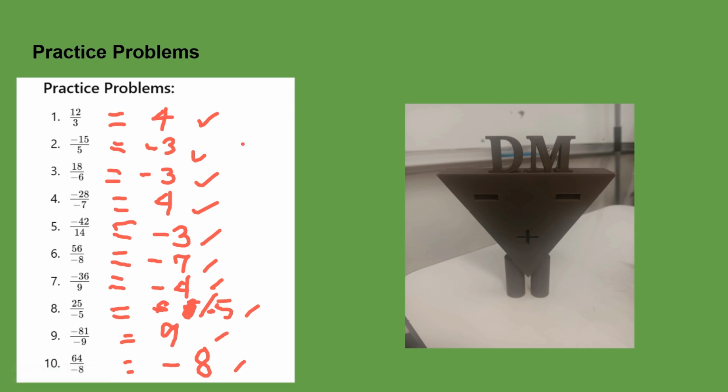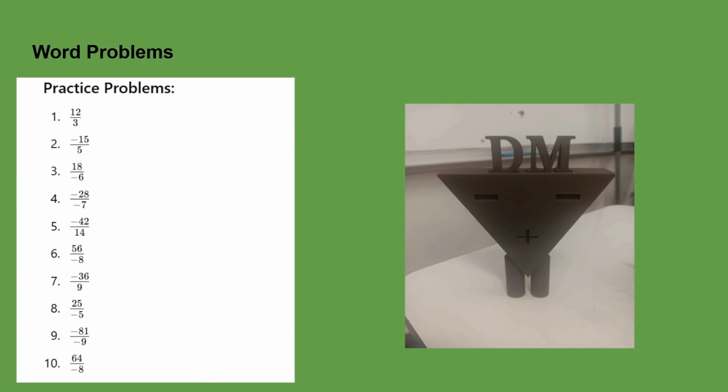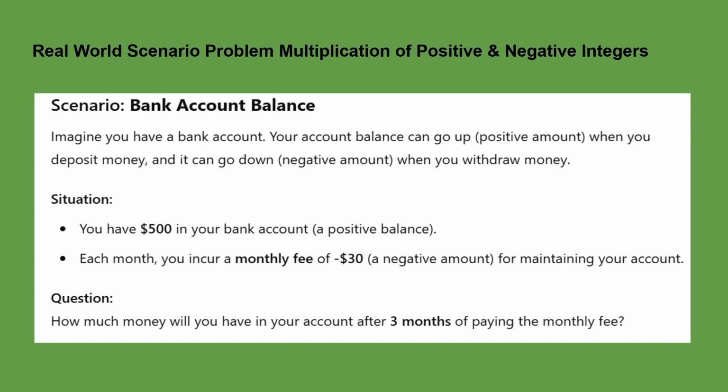Of course, if you're still having a hard time with this, always remember Mr. Dorito Man is always there to help us multiply or divide positive and negative integers. Now, let us go to our real world scenario about multiplying and dividing positive and negative integers.